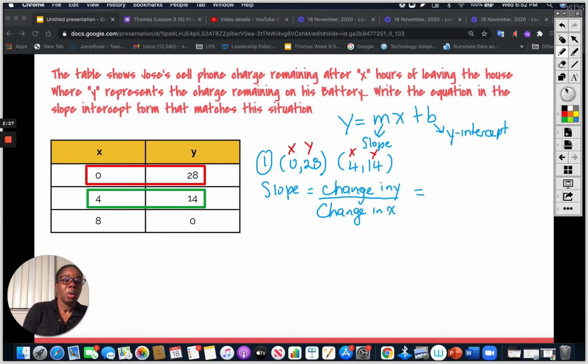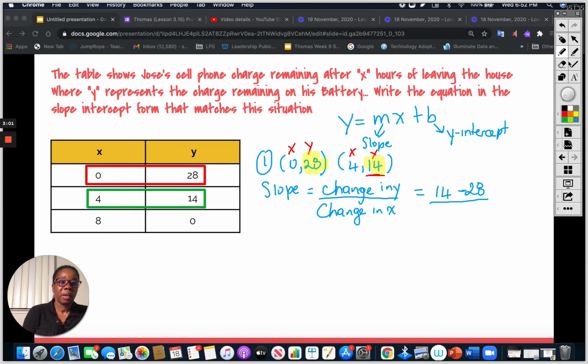So what is going to be our change in y? Well, we are going to use our y coordinates to calculate the change in y. And we can start out using the second point. Using the second point, so it's 14 minus, what's the other one? 28.